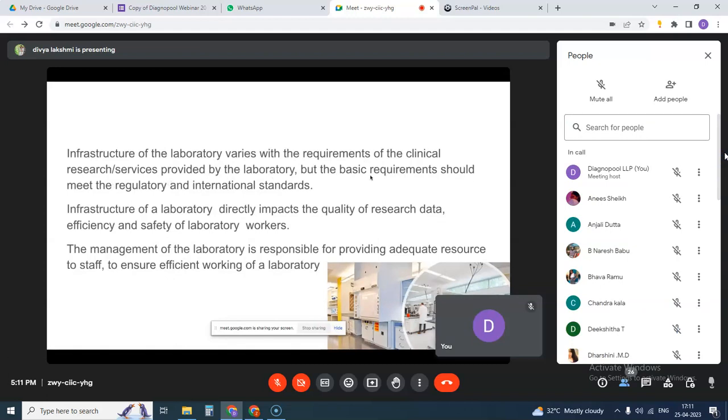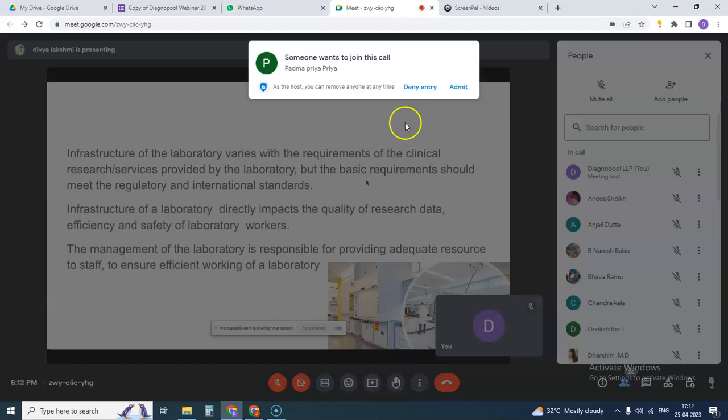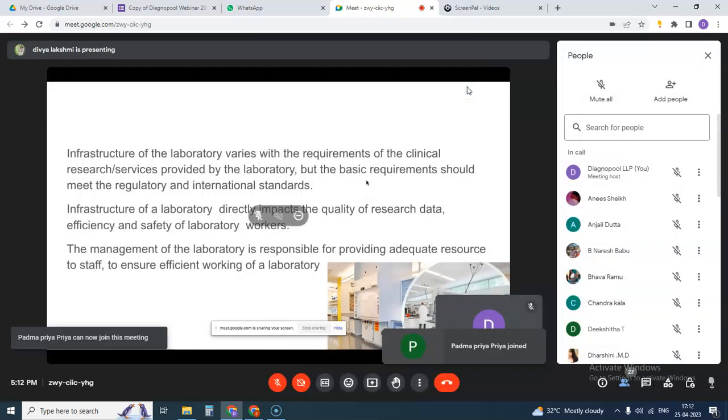But the basic requirements should meet certain standards. So let it be a small lab, big lab, or a medium-sized lab, the infrastructure will mainly depend upon what tests or what services you will be offering from the lab.